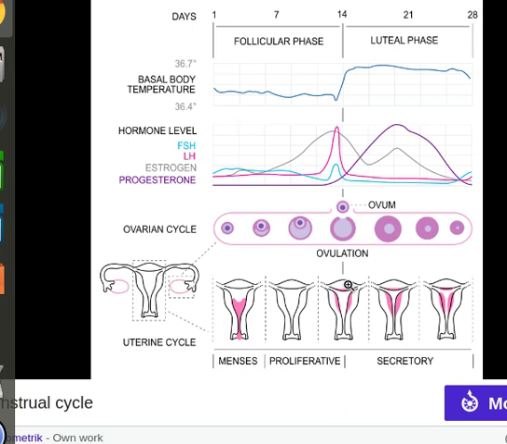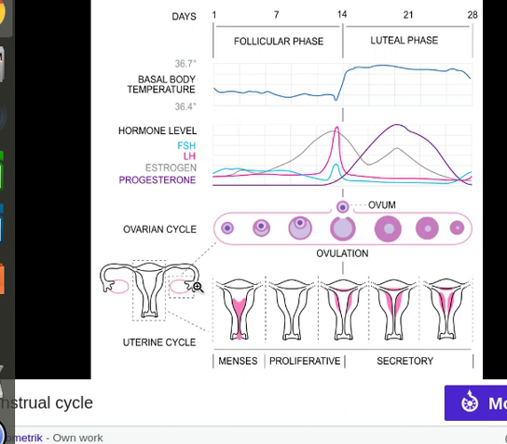So that's ovulation. That means this little follicle here from the ovaries is going to divide and so on, and then pops out. What is left is the corpus luteum, and that degenerates. The ovum, the egg, is going to pop out, as we said, from here, travels through the fallopian tube, and then finds a home in the uterus.